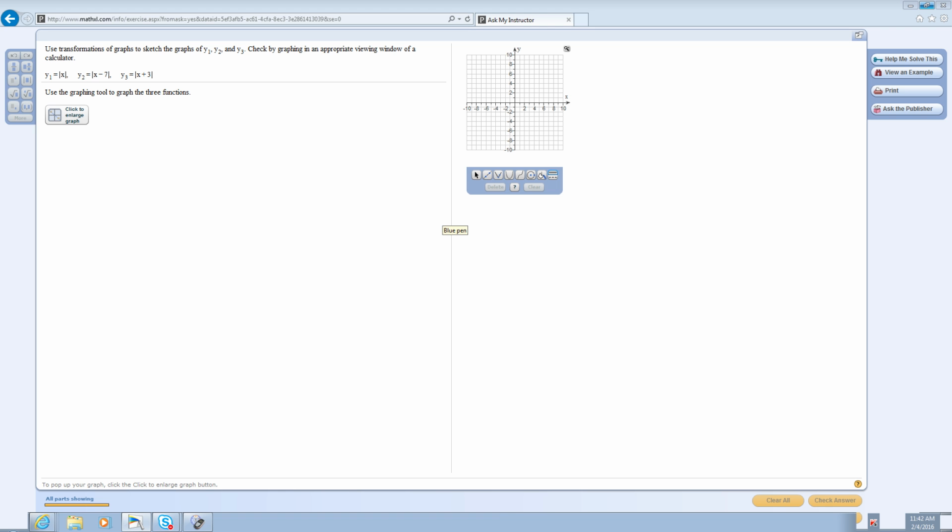So in blue, I'm going to go 7 to the right and draw the same graph. And that's the blue. The red one is plus 3, so that means 3 to the what? 1, 2, 3. And I'll draw the same graph there.